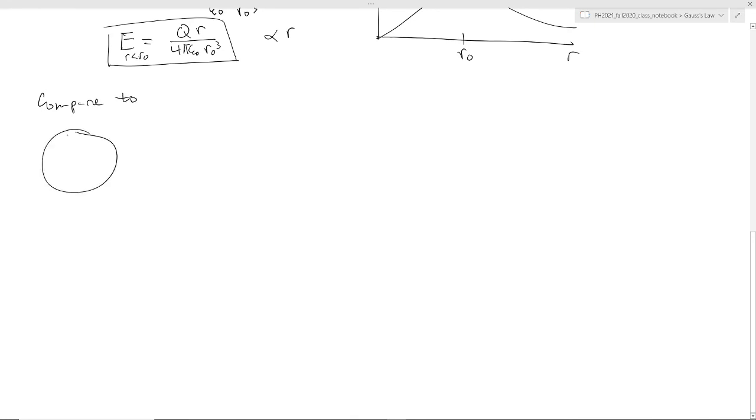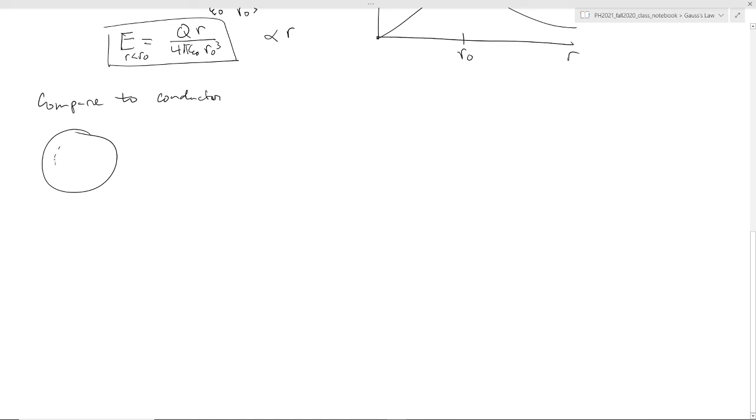So imagine like a metal ball now. You'll have to forgive my picture, it's not going to be as good. Imagine we are doing the same analysis, but now it's a metal ball, like a ball of copper or something.